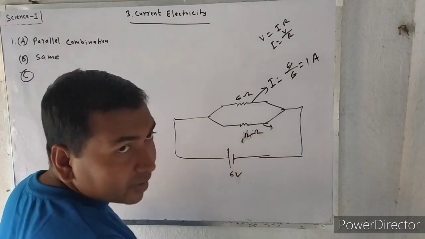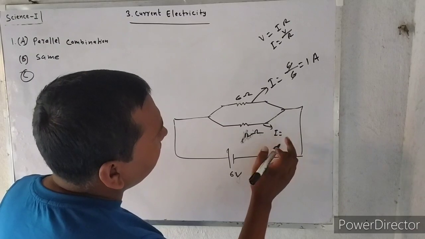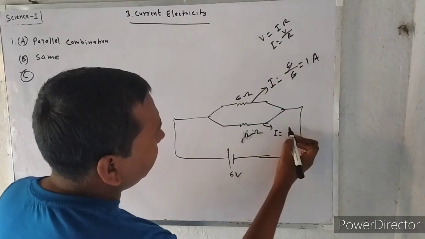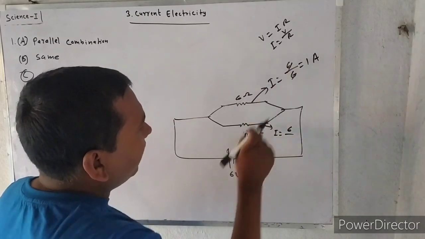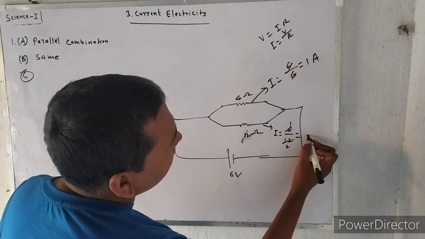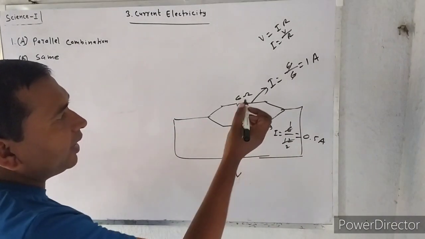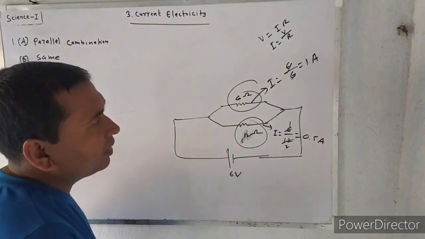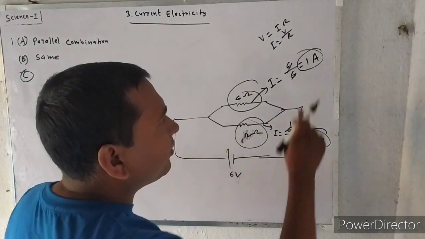If you want to find the current in this branch, then I will again be V upon R. V is 6 and R is 12. 6 upon 12 is 1 upon 2, which means 0.5 ampere. It means in case of parallel combination, is the current the same or different? Current will be different.